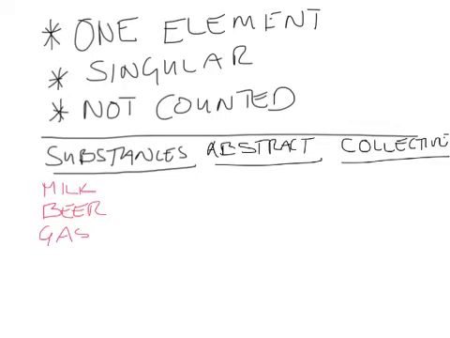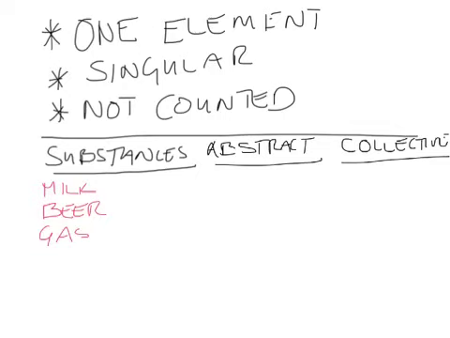So we don't say 2 milks, we say 2 cartons of milk. We don't really say 2 beers, even though people may use it in spoken language, but what we intend is 2 glasses of beer.